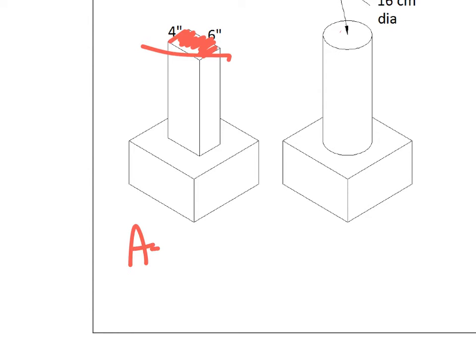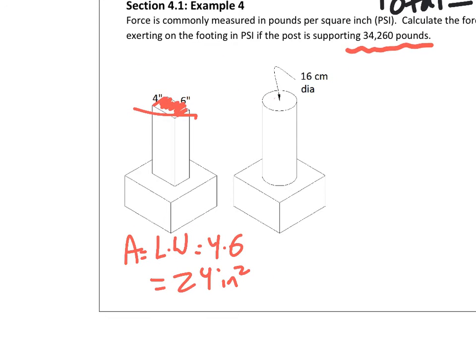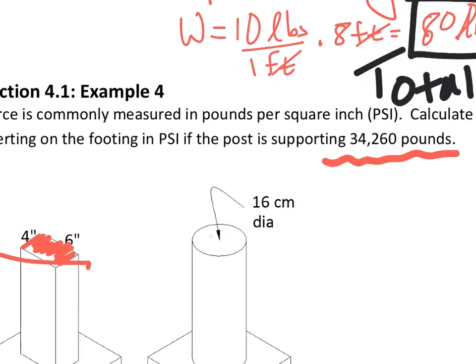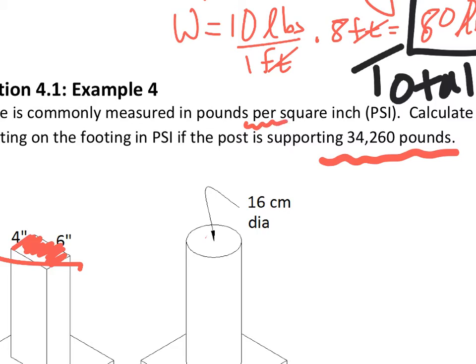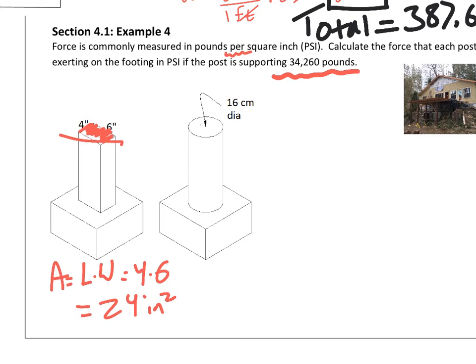So area is length times width, which is 4 times 6, which is 24 square inches. Okay. Now, if we have 34,260 pounds per square inch. Now, a little reminder here, the word per means divide. Okay, so we're doing pounds divided by square inches. Well, how many pounds is it? 34,260.